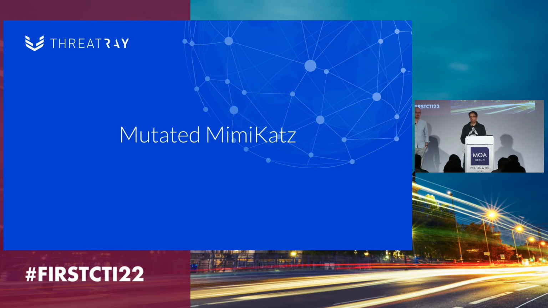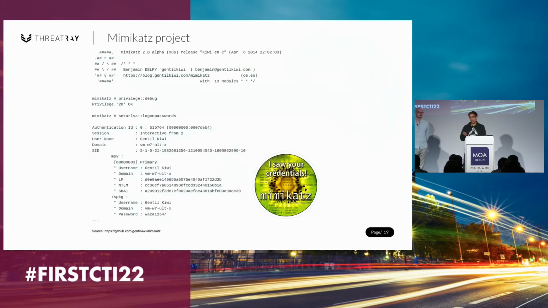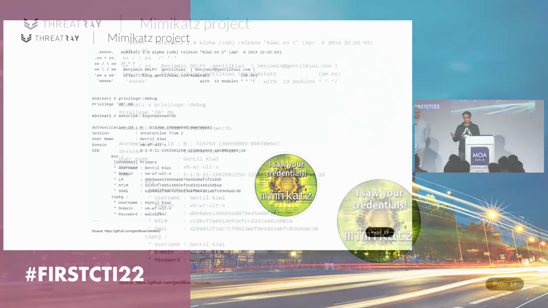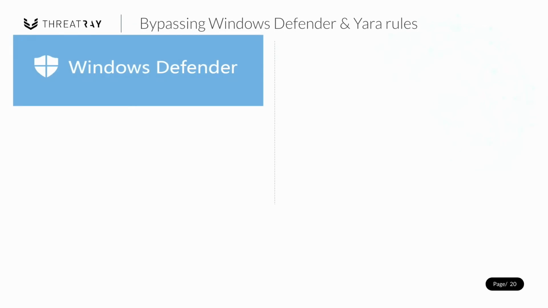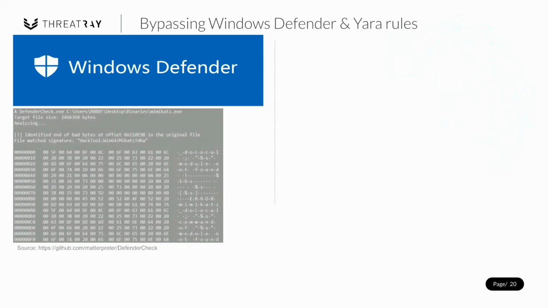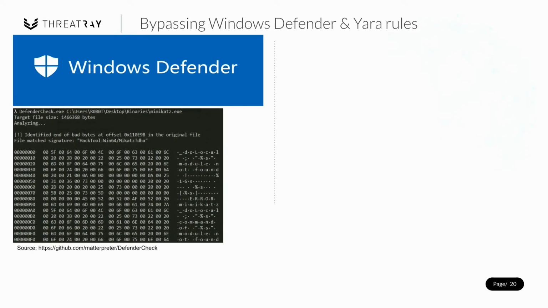In this case, we are going to take Mimikatz, a very well-known credential dumper. We are going to modify Mimikatz until we are able to bypass Windows Defender and some YARA rules. Here we're going to use Defender check in order to know where the antivirus signature is matching. This is an iterative process.